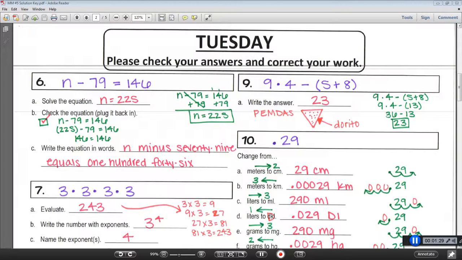So we're going to rewrite the equation, plug in what we think n equals, which is 225, and see if it fits. And you'll see that 225 minus 79 does give us 146, so we can put a check mark. It is correct. C just asked us to write it in words, so n minus 79 equals 146.